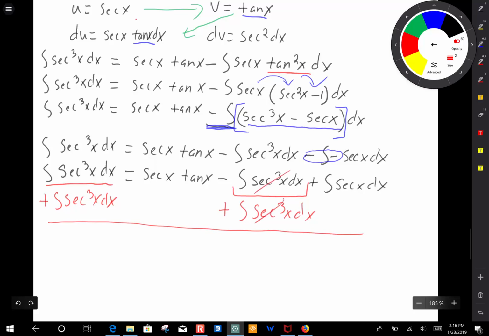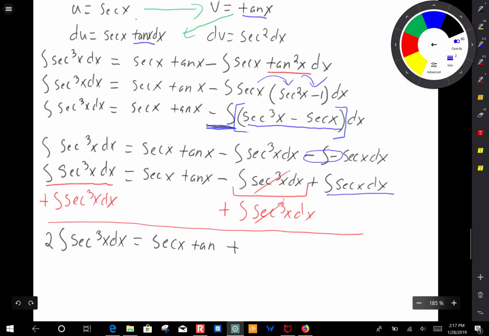So this cancels out. And so the integral of this secant cube x dx plus this secant cube x dx is going to be what? It's going to be 2 integral secant cube x dx is equal to, I'm just going to rewrite it, secant x tangent x plus this integral of secant x dx.